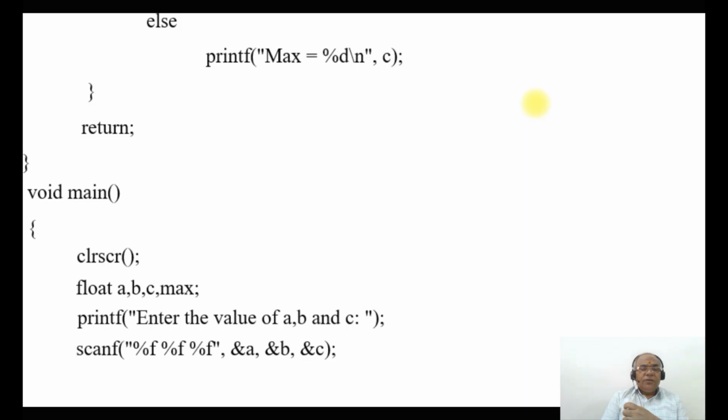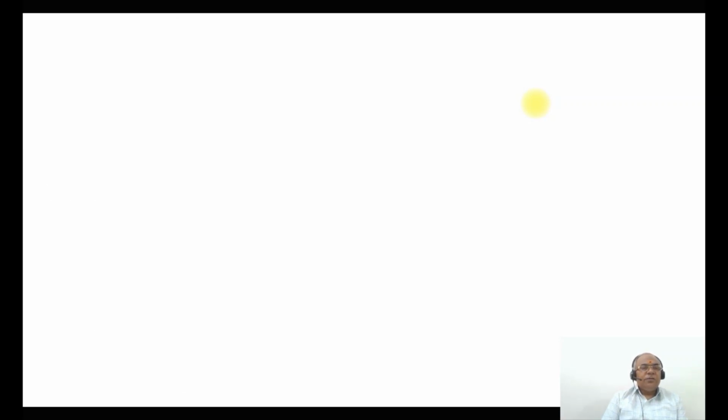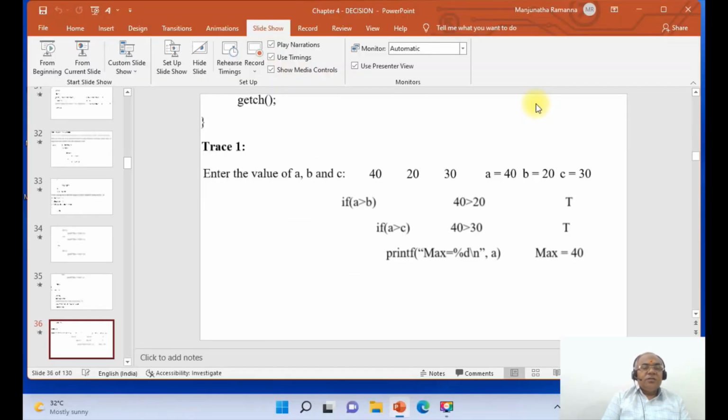Then printf "enter the value of a, b and c". Then scanf "%d %d %d", &a, &b, &c. Then the largest of a, b, c will be these values. Then getch and close the bracket. This is how you will be able to write this.